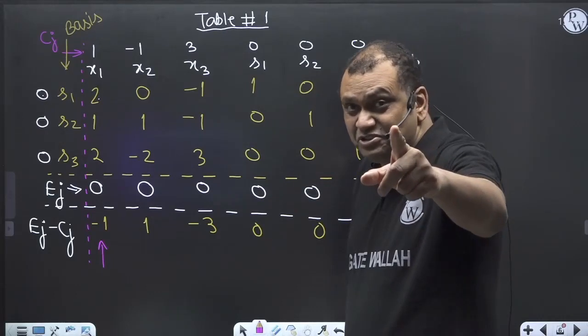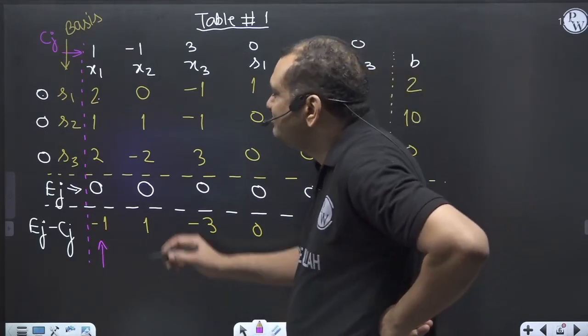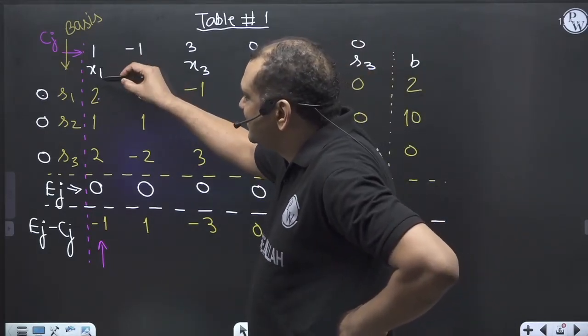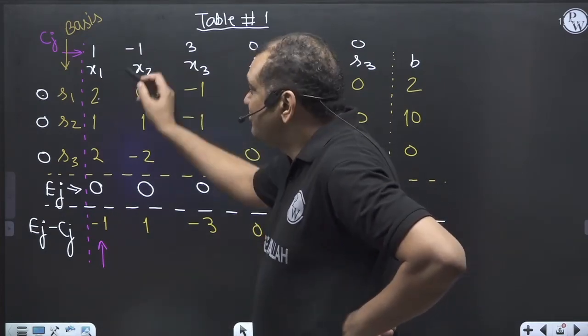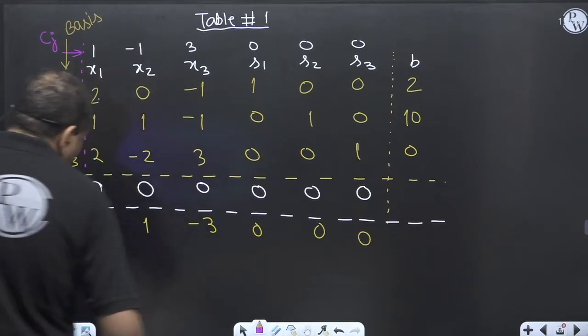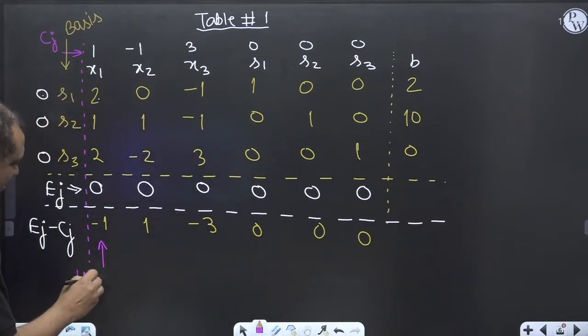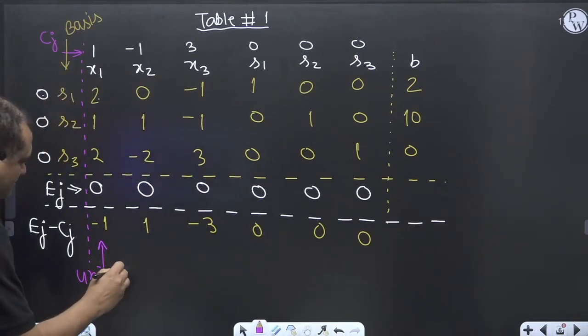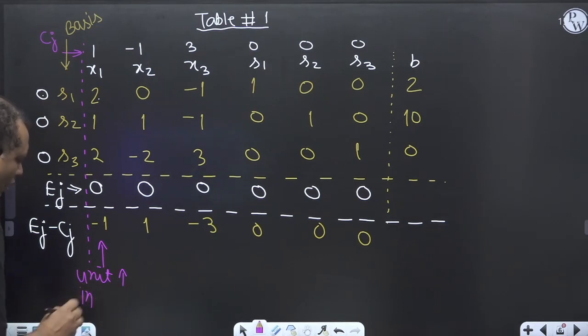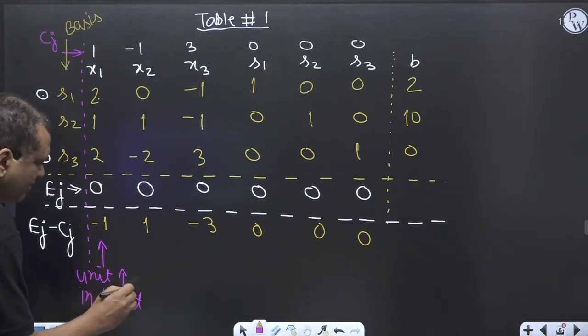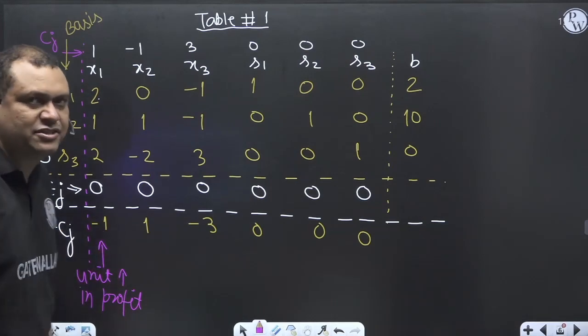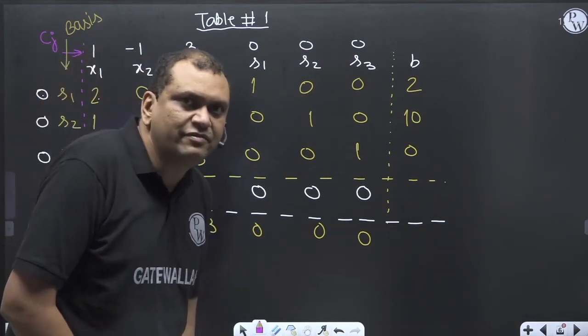Very, very carefully you should hear. If you take a decision on variable x1, there will be a unit increase in profit. d2 by dx square should be negative for a maximum function.